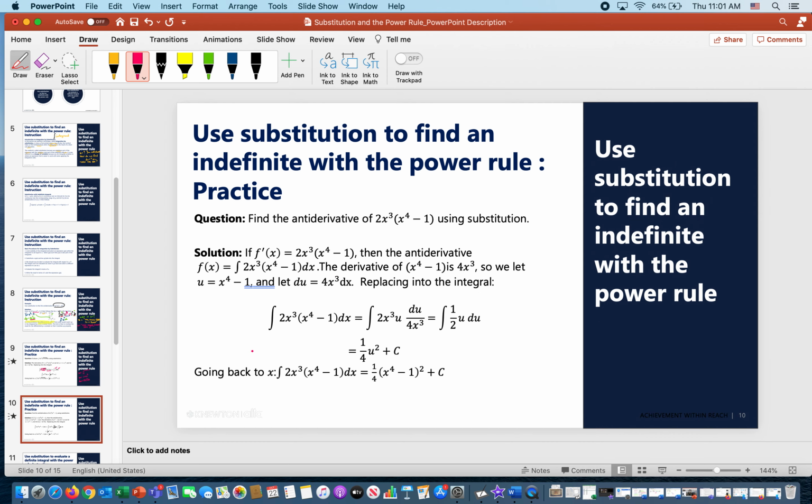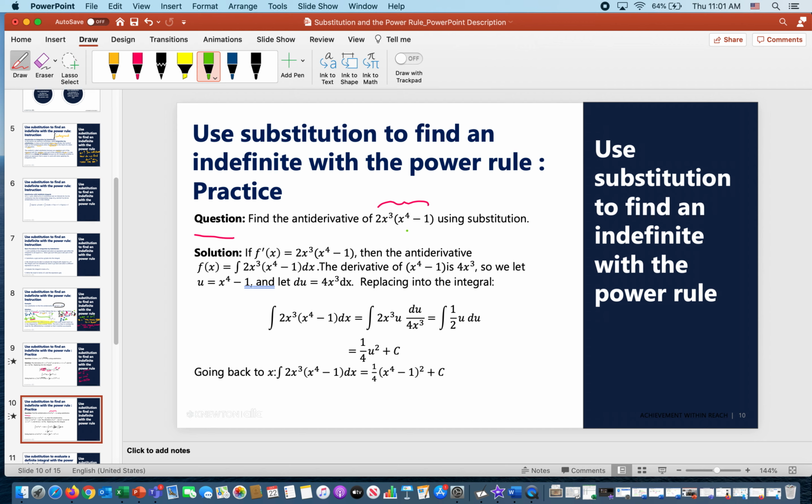So what I want to make sure you understand is what happens when what I find for du doesn't exactly match the problem. In this question, I say, find the derivative of 2x to the third times x to the fourth minus 1. So your thought would probably be, well, Mr. Stark, you said to let u equal the thing that was raised to a power.